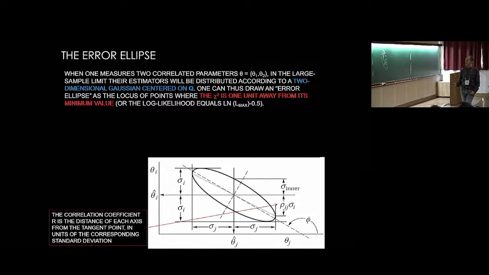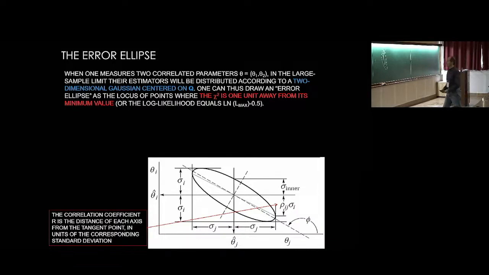So the correlation coefficient between the 2 variables here geometrically is the ratio of this distance to the full sigma theta i. So you take the vertical tangent of the ellipse at 1 sigma, and this defines this point, and this point defines an ordinate, and this distance is rho times the full sigma i, okay?